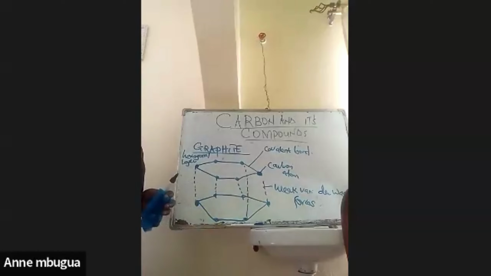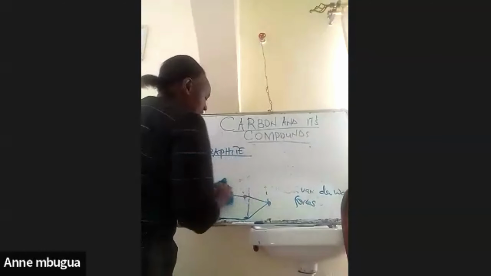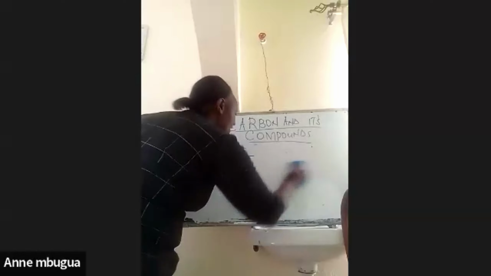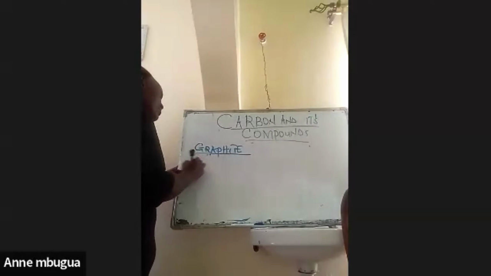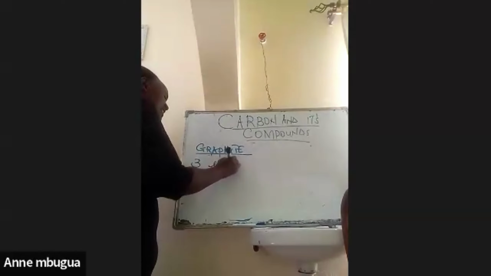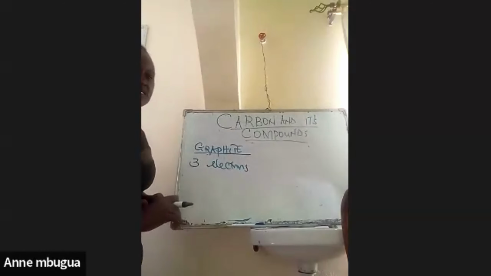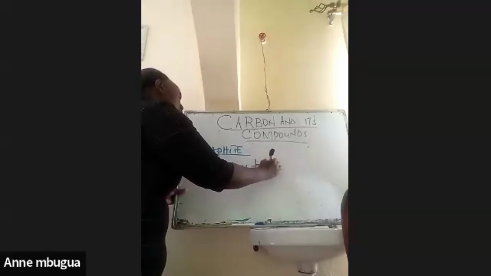So each carbon atom uses only 3 electrons in the outer energy level to form the covalent bonds. That is the structure of the graphite.